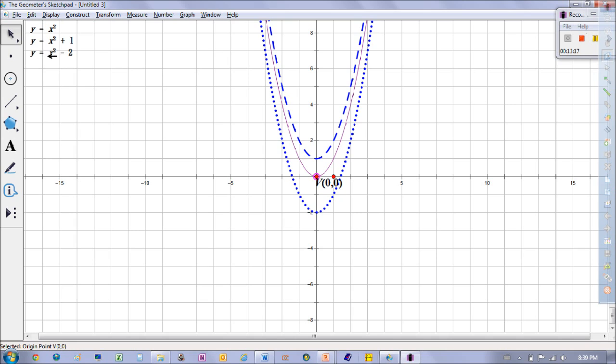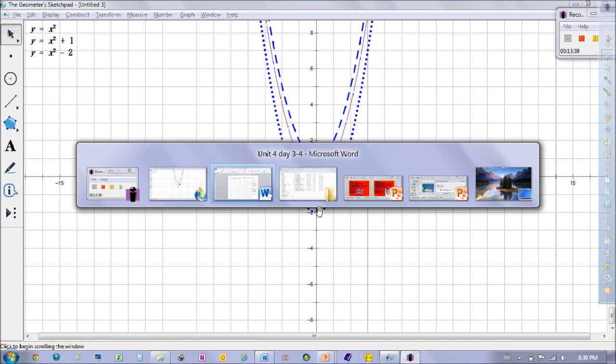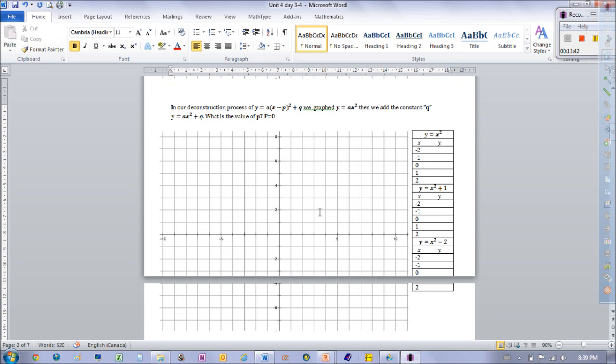When I graphed y equals x squared minus 2, the vertex point moved to 0 and negative 2. It moved down 2 units.